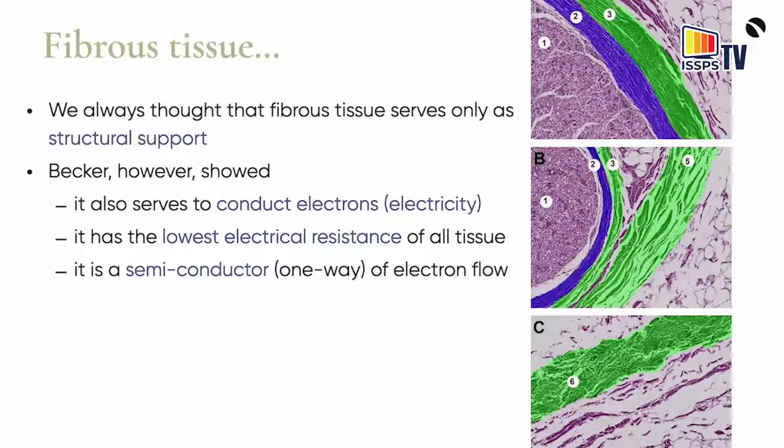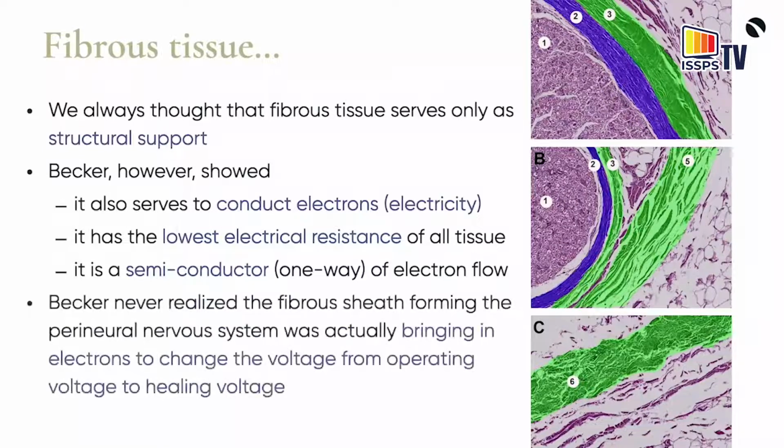In other words, it only allows flow of electrons in one direction. Becker never realized the fibrous sheath forming the perineural nervous system was actually bringing in electrons to change the voltage from operating voltage to a healing voltage.